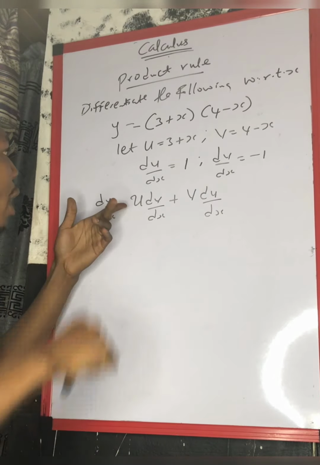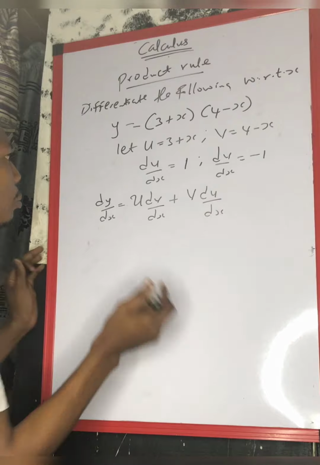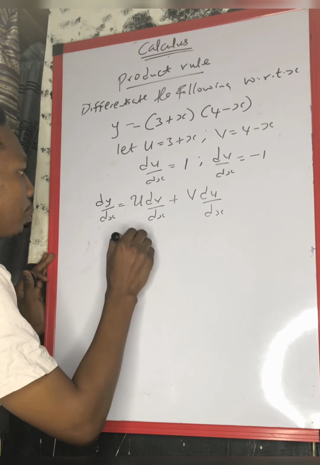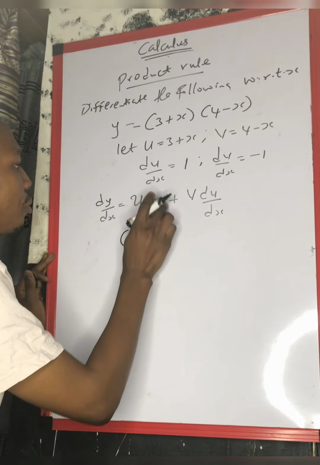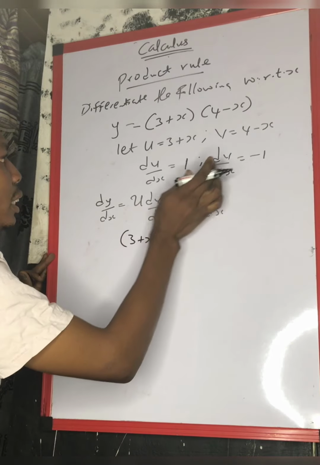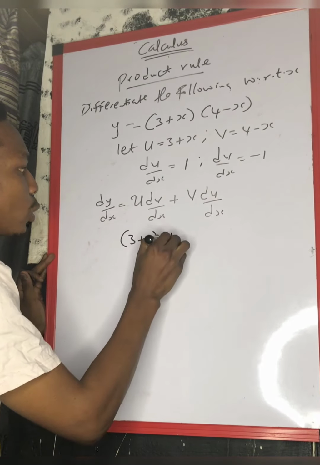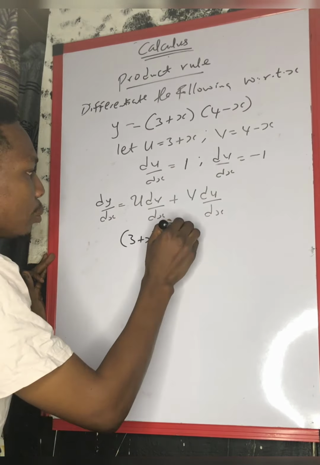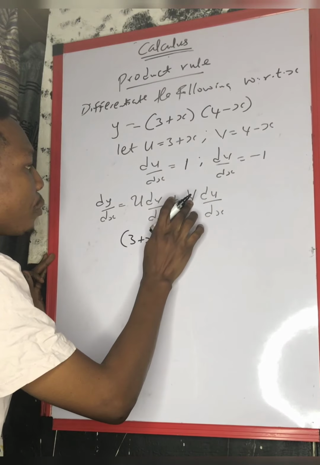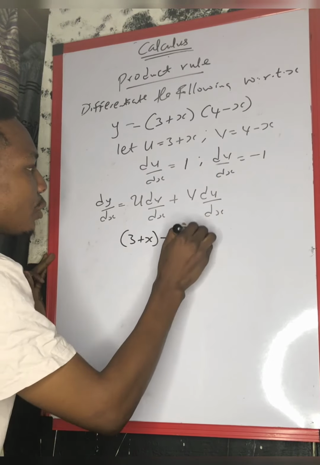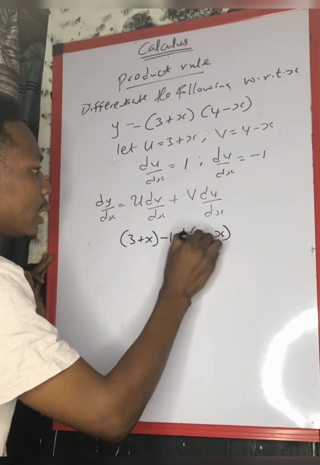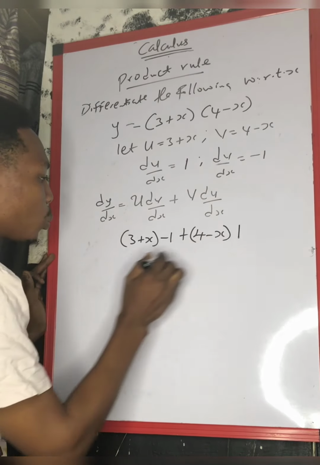Our u is 3 plus x, dv/dx is minus 1, then plus our v, which is 4 minus x, and du/dx is 1.